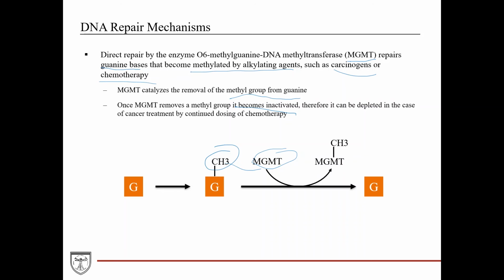So back to this, why this is important: if it's inactivated, it can get depleted. So once it receives this methyl group, it can be depleted. Why that's important is because in the case of chemotherapy, there are alkylating agents that are looking to alkylate DNA in cancer cells. So they're actually trying to damage the DNA within cancer cells. The reason why this is important for attacking DNA in cancer cells is because DNA is being replicated at a rapid rate in cancer cells, because the idea is to keep dividing and keep growing.